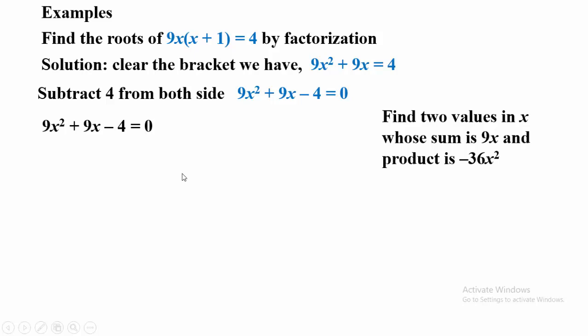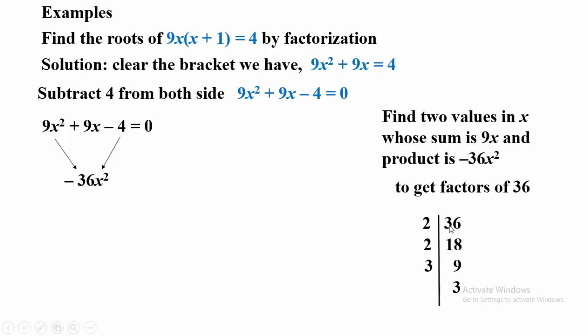And our minus 36x squared is gotten by multiplying 9x squared and minus 4. 9x squared times minus 4 gives minus 36x squared. Let's find two factors of 36 that when you add it, it gives 9, and when you multiply it, it gives minus 36.